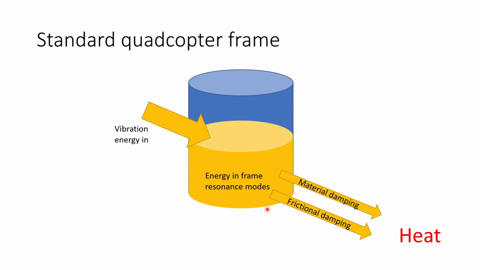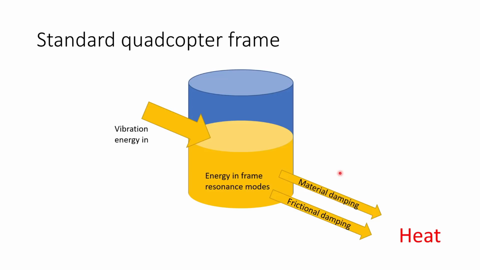So as the frame is vibrating in the air, it has a certain amount of energy in those vibrations. And then we have two sources of damping. We have material damping, that's the inherent damping of the carbon fiber material, of the metal in the screws, of the aluminium standoffs, all those materials. And we have frictional damping, which is the interaction of those separate parts against each other.